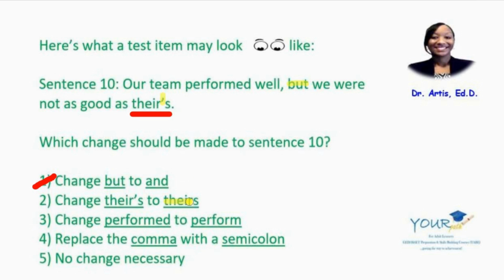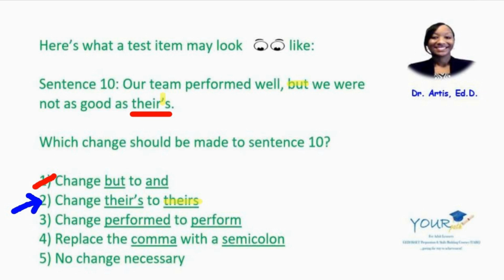So it is spelled T-H-E-I-R-S, theirs, as opposed to T-H-E-I-R apostrophe S. So in terms of answering our question, which change should be made to sentence 10, we're actually going to change theirs with an apostrophe S to theirs without an apostrophe S in order to make this correction.